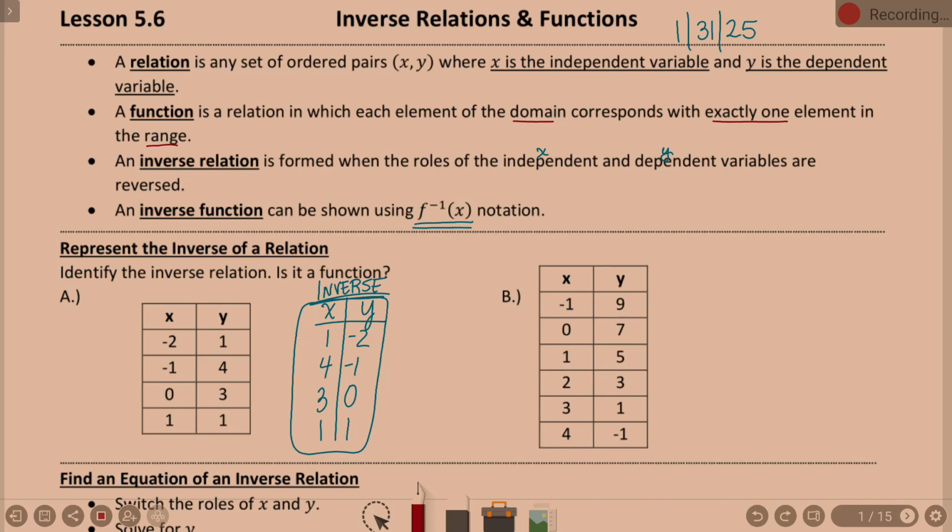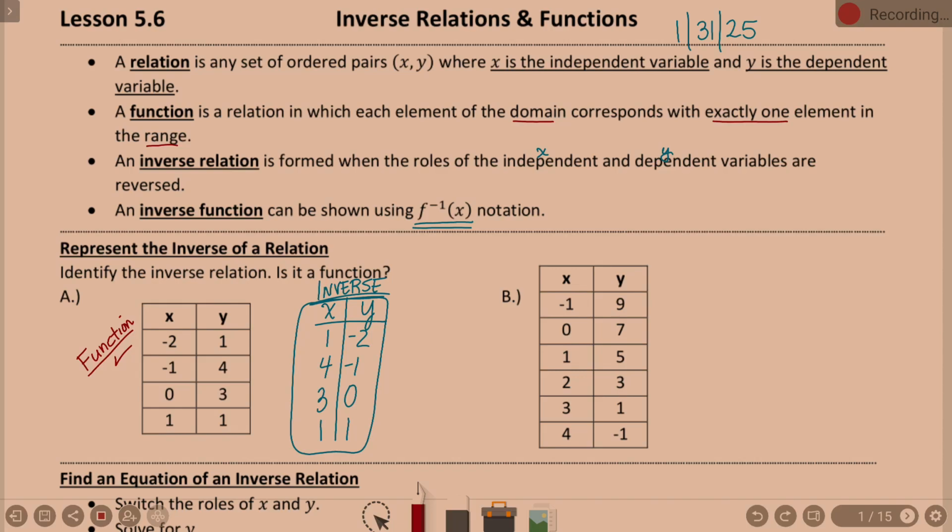No. So each x value corresponds with exactly one y value. I know they don't ask this, but this is an example of, yes, it is a function. Now, what they're really asking is the inverse. I was just using that one as practice.